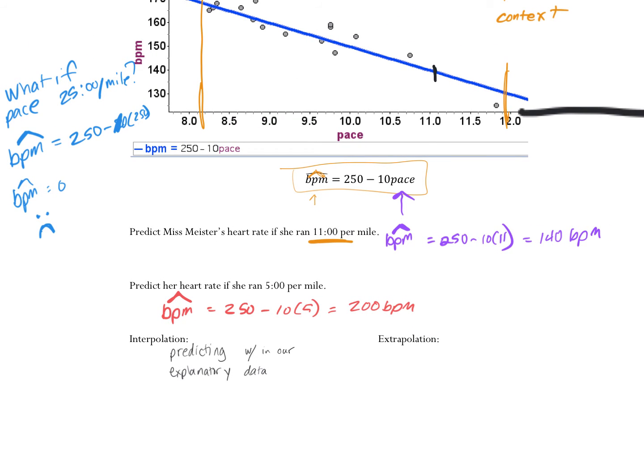The 11-minute mile was this point, and the reason we got 140 is because the line goes through the point 11, 140. That's all the same thing. Does this make sense? Whereas that 25, that's predicting outside our explanatory, and it's a bad idea.